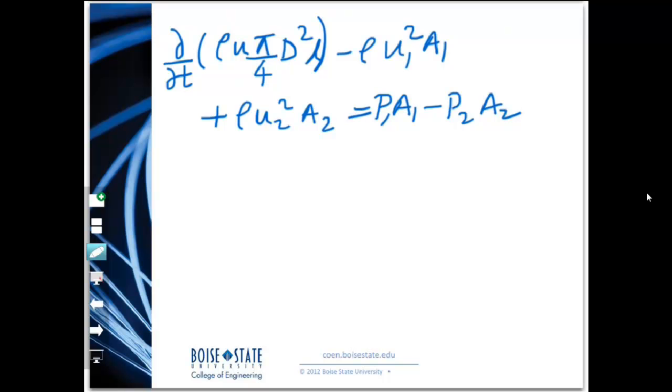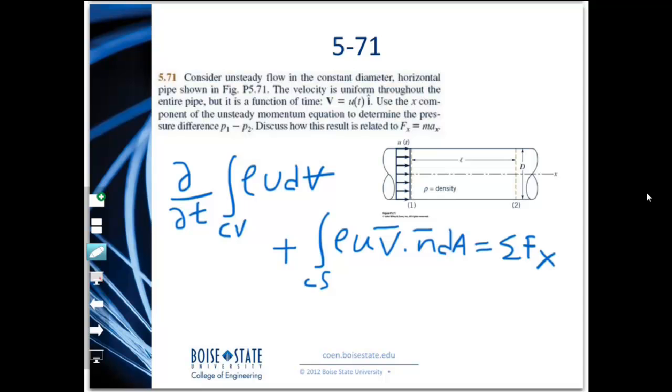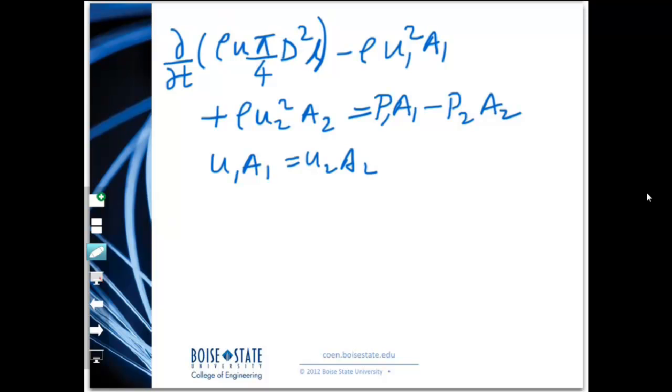Okay, so at this point let's see if we can cancel any terms. If you look at it, the flow rate will be the same going across the pipe, and U1 will be equal to U2. That means A1 is A2, which is true in this case, it's a no-brainer since it's the same pipe, there is nothing changing in the x direction for the pipe dimension, so these two guys cancel each other, so all we got is this and the forces here.